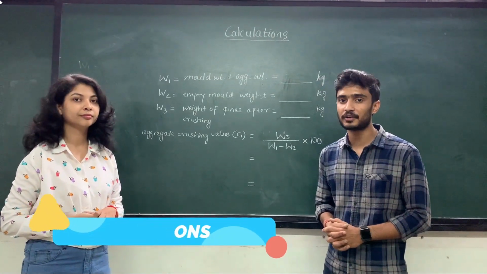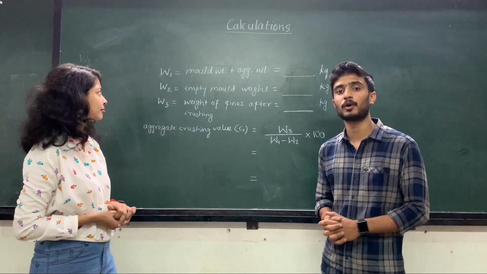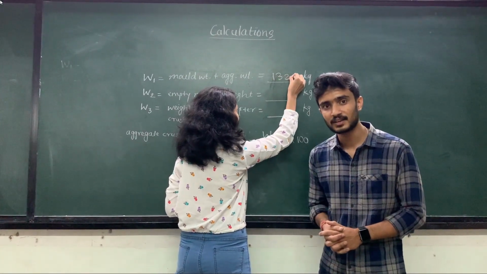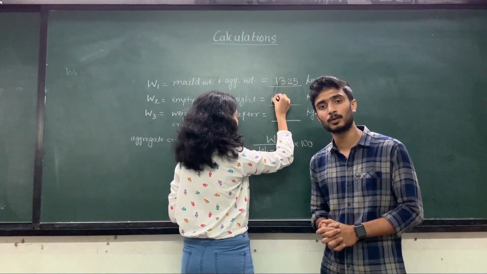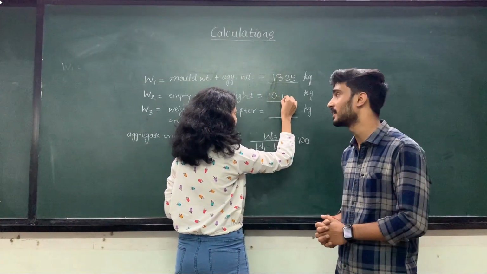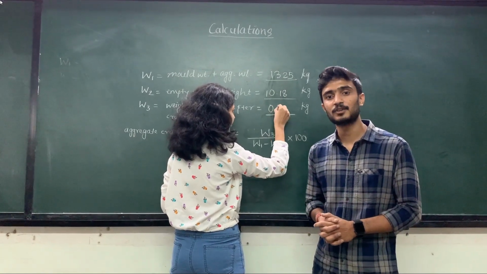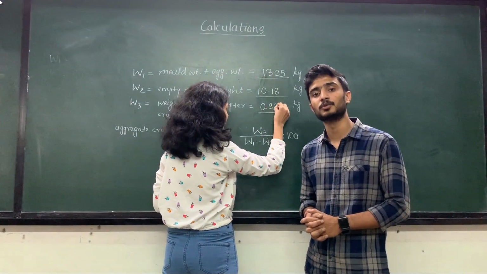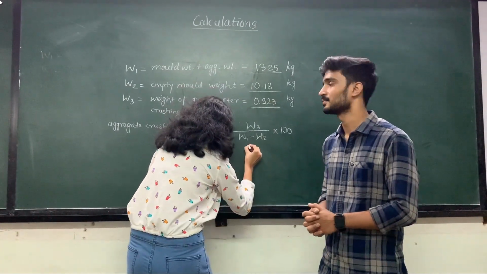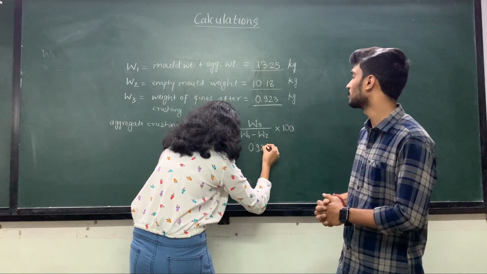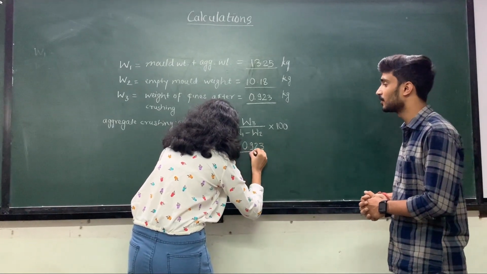The value recorded for W1, that is the weight of mold and aggregate, was 13.25 kgs, W2, that is the empty weight of the mold, was 10.18 kgs, and W3, that is the weight of fines, was 0.923 kgs. So now we are calculating the crushing value of sample 1.